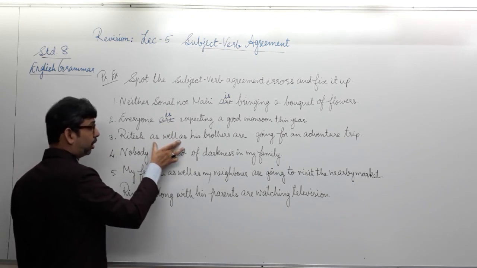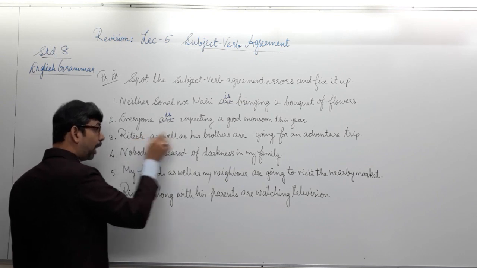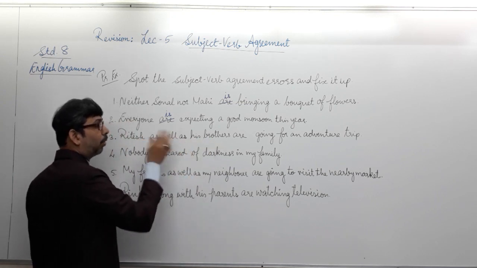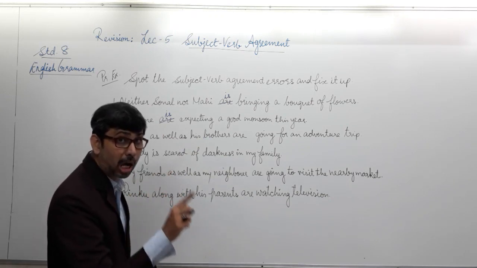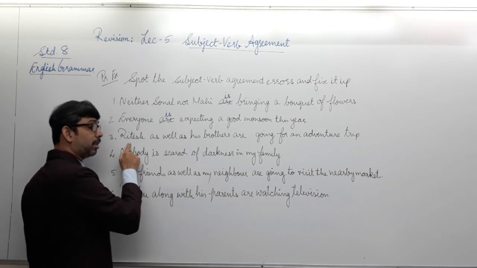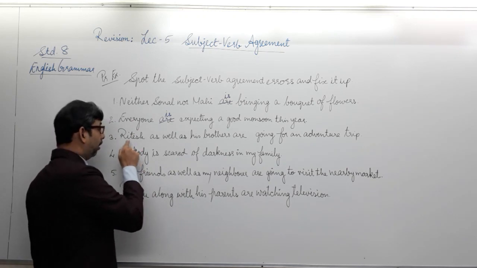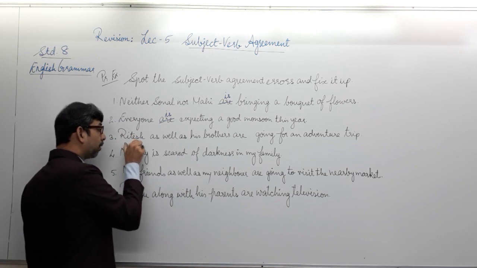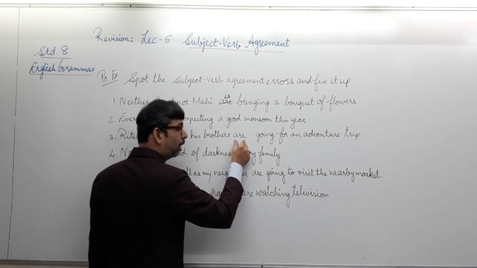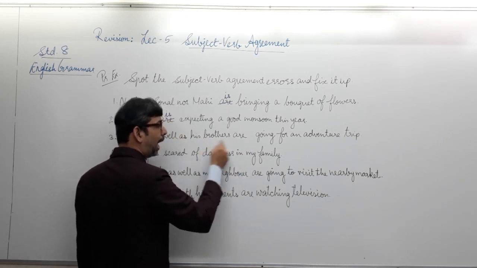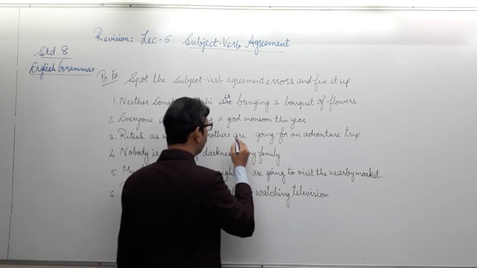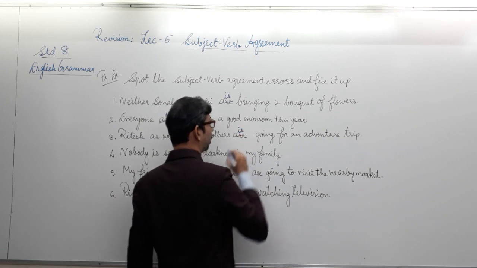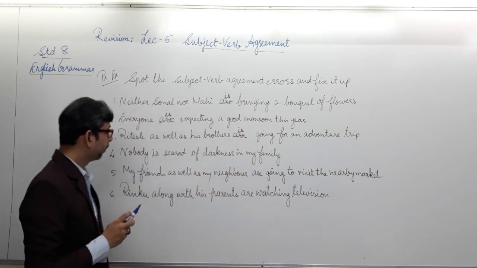We learned in the rule section that when you connect two nouns with "as well as", we use the verb that agrees with the first noun in the sentence. The first noun over here is Ritesh, a singular noun. So we write a singular verb and do not connect it with brothers. So, Ritesh as well as his brothers is going for an adventure trip.